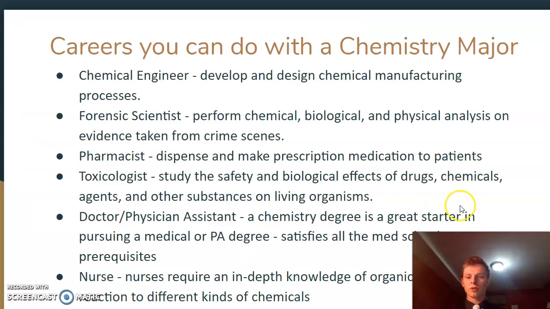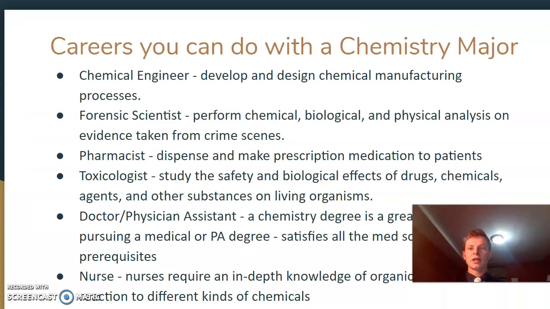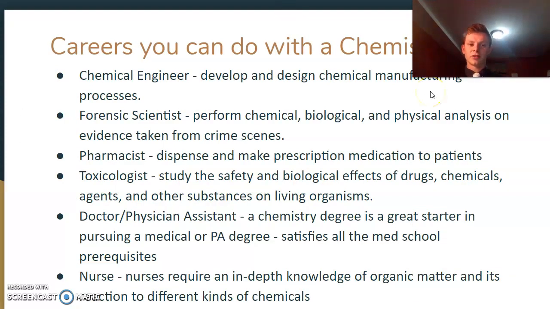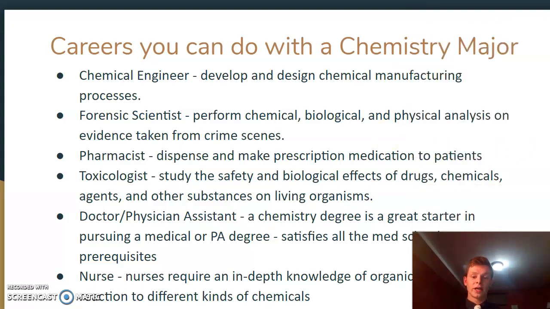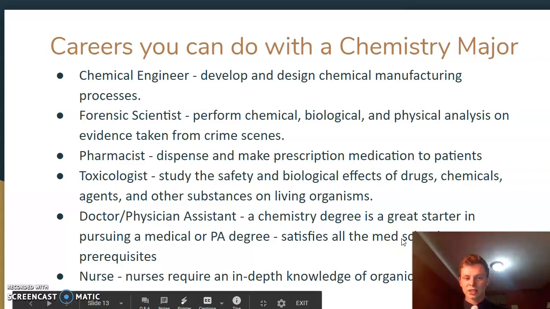So these are just a couple of careers that you can do with a chemistry major. I'm going to move this up. Chemical engineer, forensic scientist, pharmacist, toxicologist, doctor, physician assistant, and a nurse. Something like a nurse is something that came up a lot with you guys. Nurses require an in-depth knowledge of organic matter and its reaction to different kinds of chemicals. A chemistry major equips you to understand, okay, I can use this chemical because it's soluble or not soluble, or anything like that.